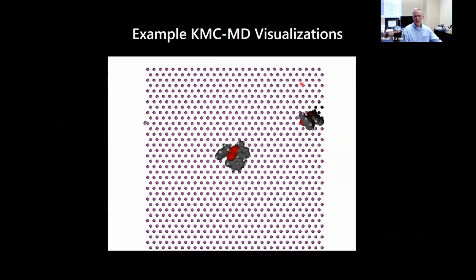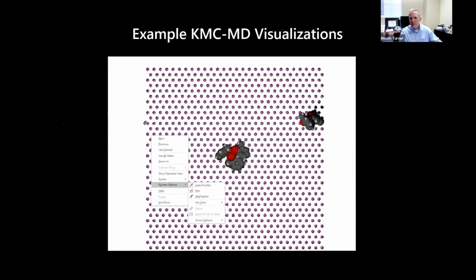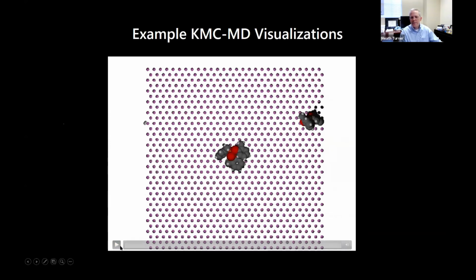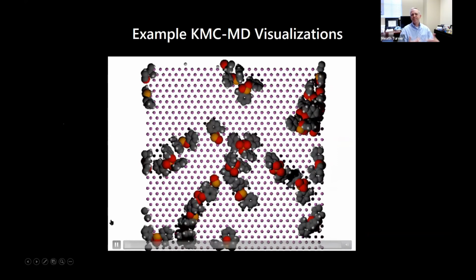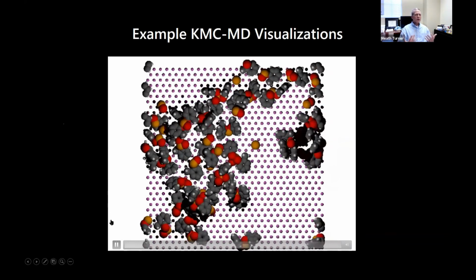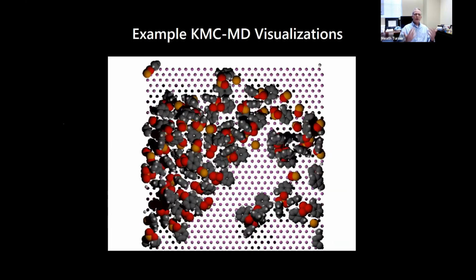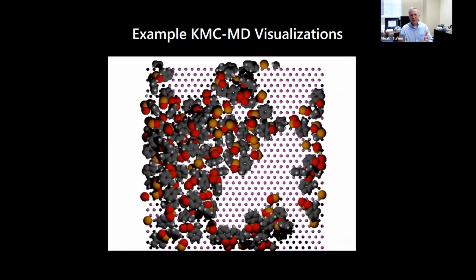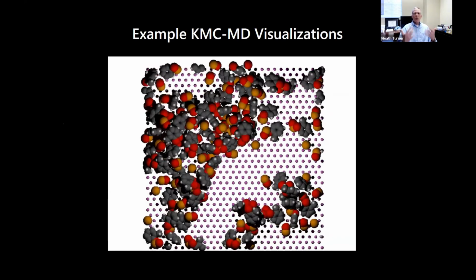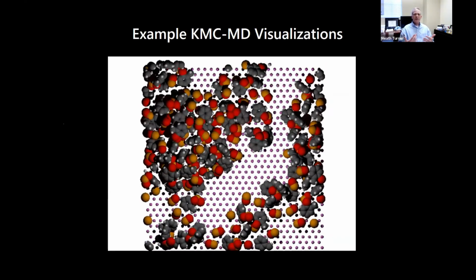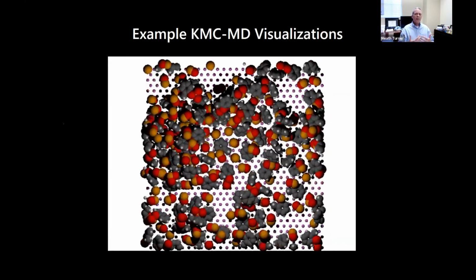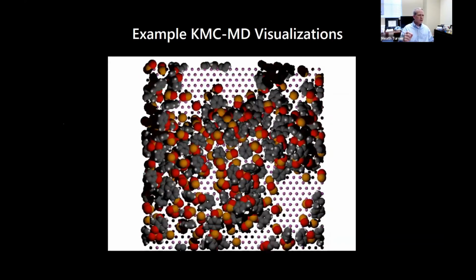And then this is a visualization of what this looks like. So let me change my pointer and play this. So when you run these simulations, what you'll see, and it's hard to see everything that's happening, but more and more molecules will adsorb on the surface, and you'll also see changes in those molecules.